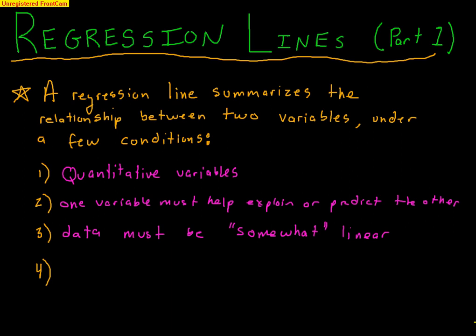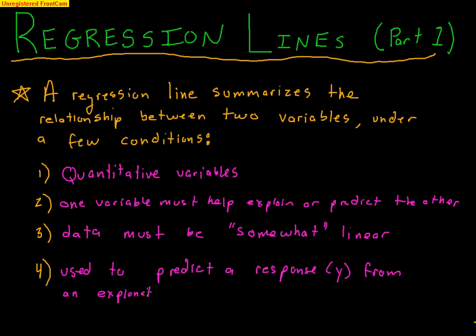And then obviously regression line is used to predict a response, that's the Y, remember, from an explanatory X. Remember, we're always trying to predict a Y. That's the response from a given X. Okay?